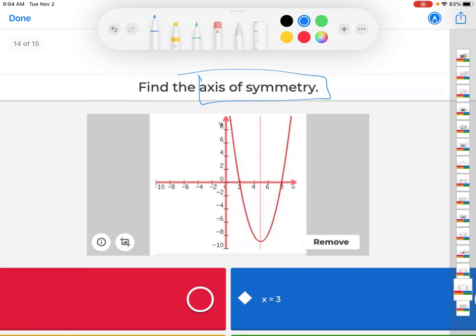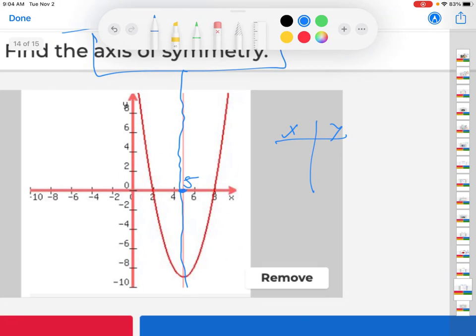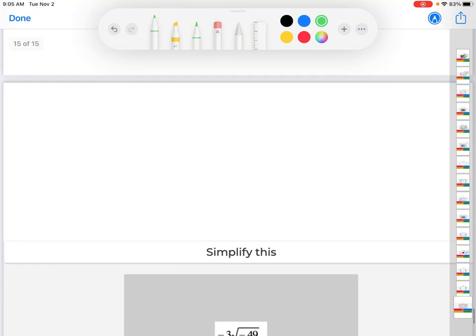Axis of symmetry, that's just cutting it in half. That is this blue line. Well, it's between 4 and 6, so that would be 5. Another way of seeing why the answer is x equals: you can have the ordered pairs 5, 0 and 5, 6, and you'll notice that all my x values are 5. So x equals 5, which is the yellow.